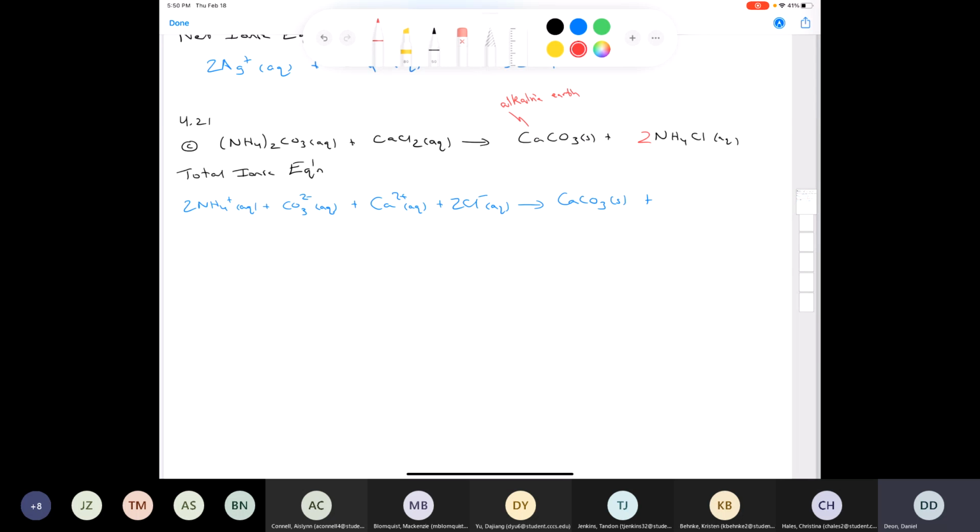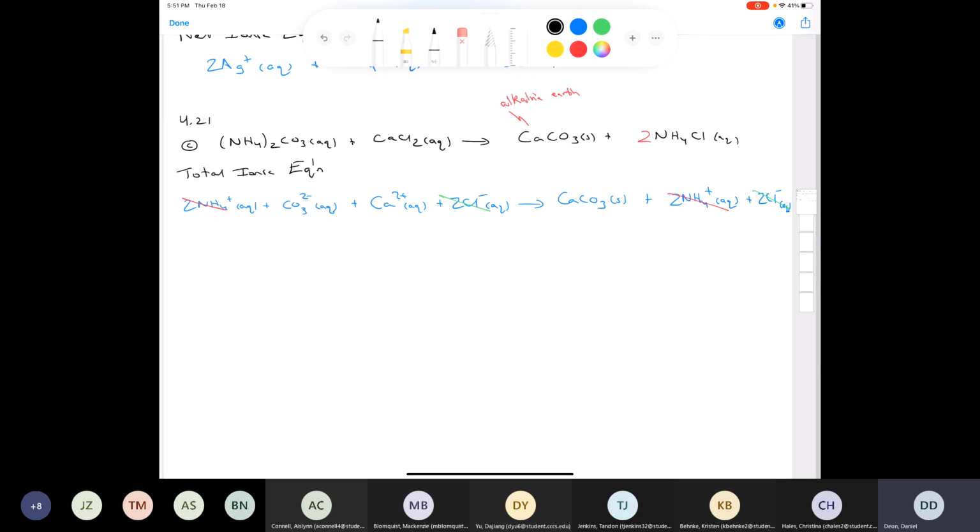Anyhow, so we have 2 ammonium ions, aqueous, plus 2 chlorides, aqueous. All right. So we're going to cancel the spectator ions. That's going to be the ammonium ions, and that's going to be the chloride ions.